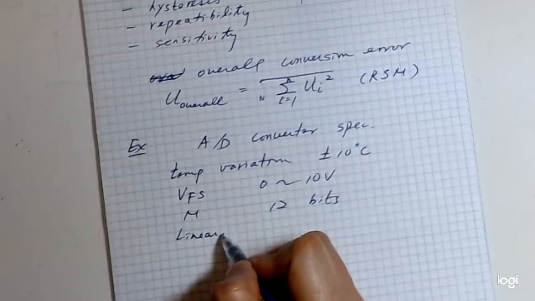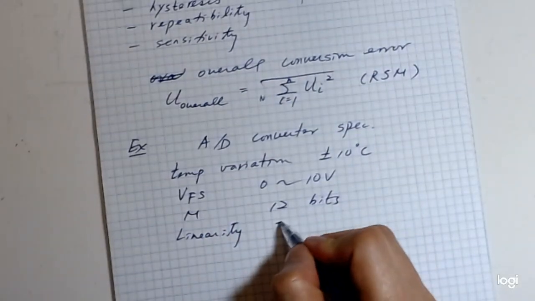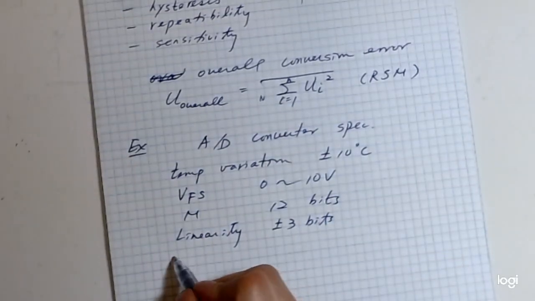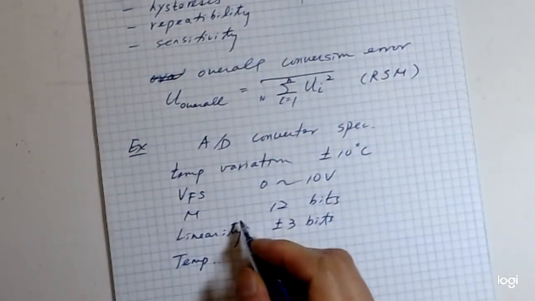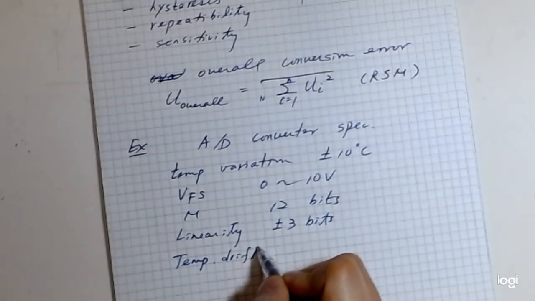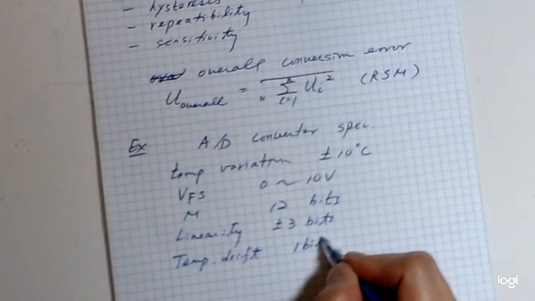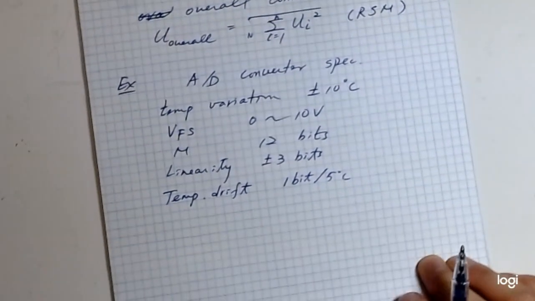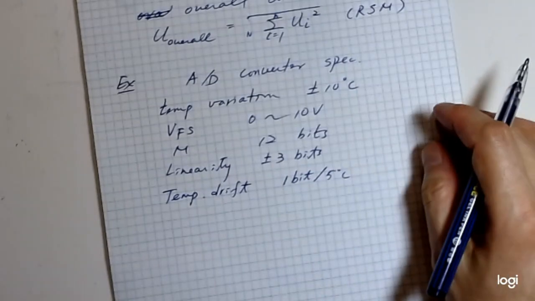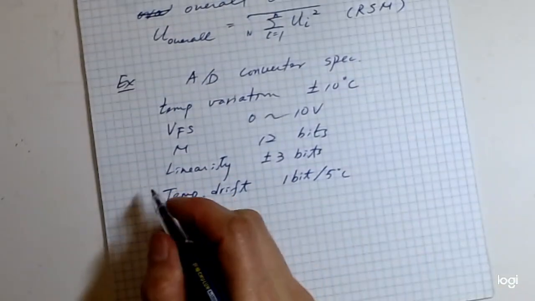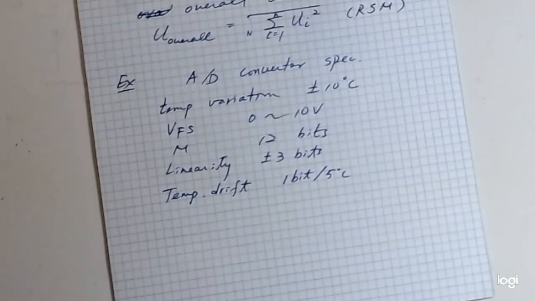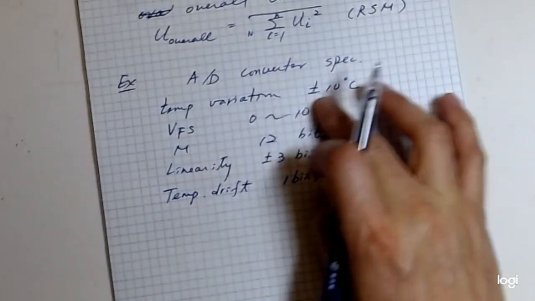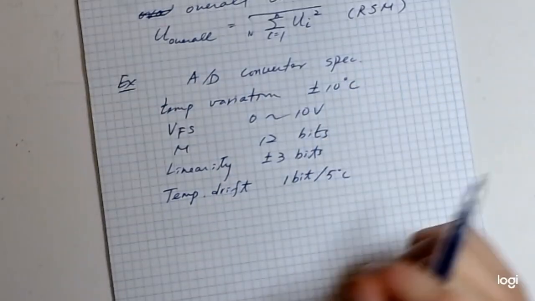In terms of linearity errors, it's plus minus 3 bits. In terms of temperature drift error, that's 1 bit per 5 degrees C. So we need to find the overall uncertainty in this AD conversion.